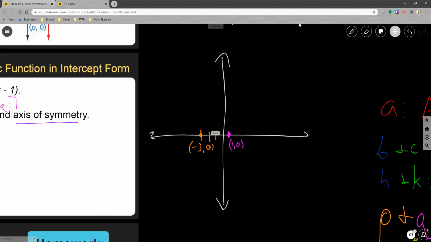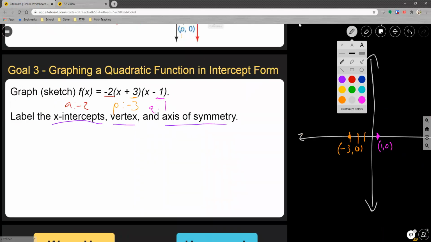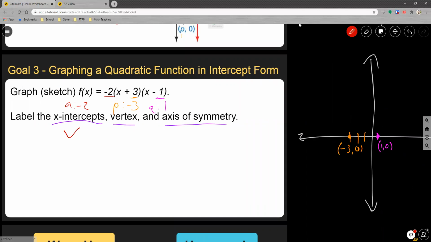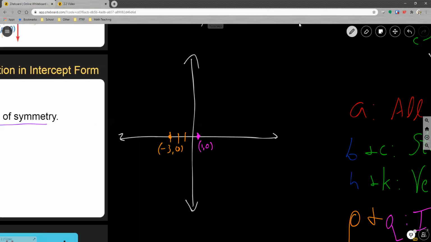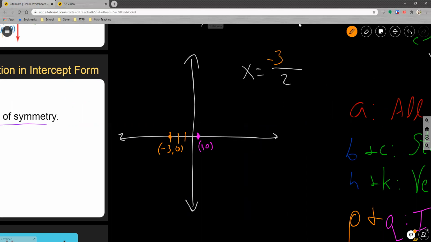So next stage, I've got my x-intercepts done. Next up, I need to get my vertex and my axis of symmetry. Well, I can't get the vertex until I have the axis of symmetry in this case. I'm just going to plug in my p and q values. Remember, x is going to be equal to p plus q divided by 2. Well, my p value is -3. My q value is +1.